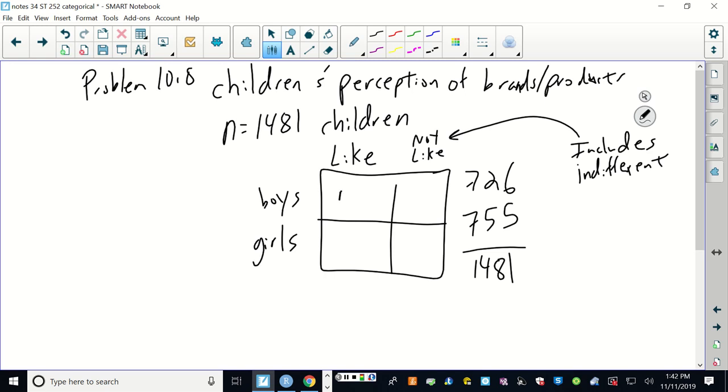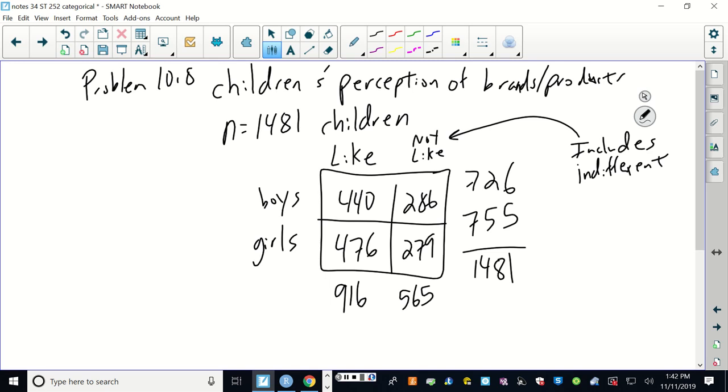Of the boys, 440 liked the products and 286 did not. Of the girls, 476 liked the products and 279 did not. This adds up to 916 and 565. The type of question we want to ask is, are these variables related? Is there a difference between boys and girls in terms of whether they like these products or not?